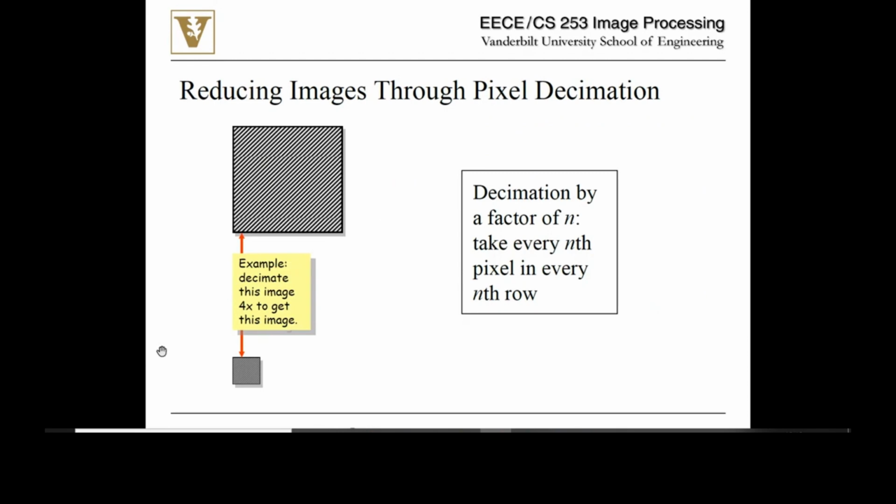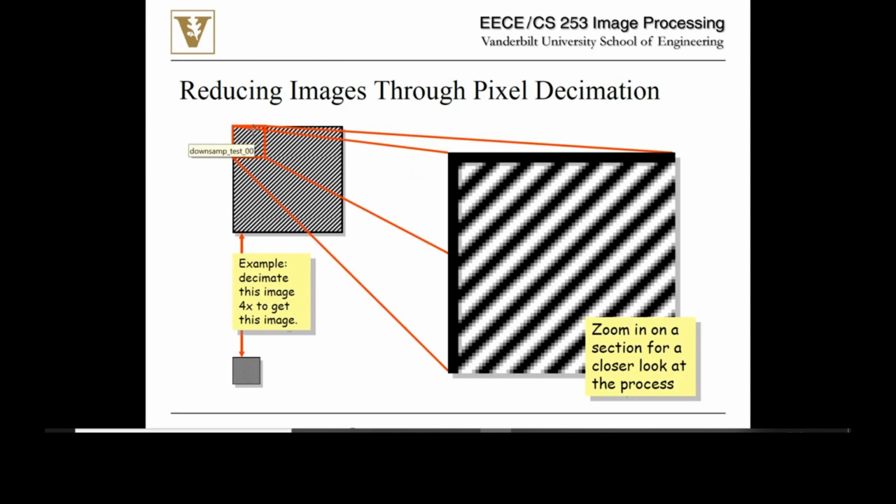And then what if I want to go in the other direction? Instead of going from small to large, I want to go from large to small. This is the decimation operator that we had before with the downsampling. So you take 1 every n pixels.